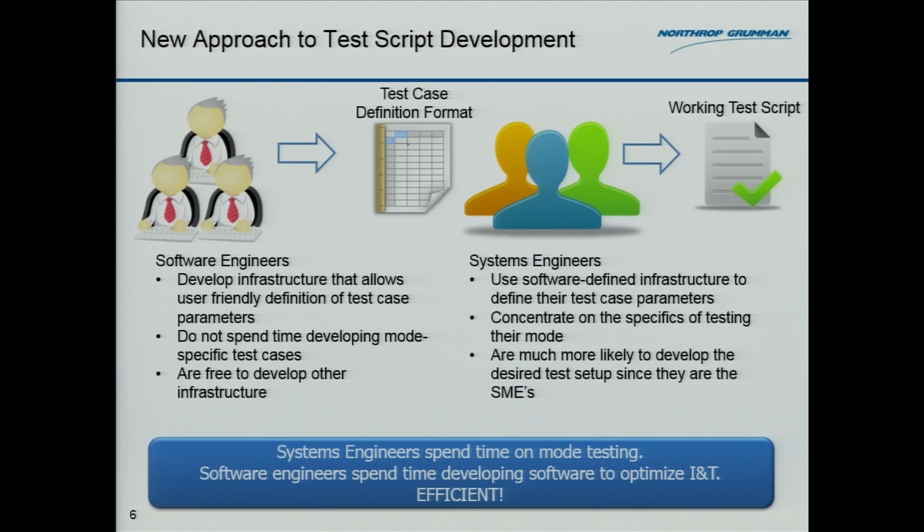So what we wanted to do was to fix that by letting everyone concentrate on their area of expertise. And so, as we'll see later, we came up with this test definition format, which is spreadsheet and parameter based. The software developers built up this infrastructure behind the scenes in our test executive environment, which is able to do everything that the systems engineers would need: setting up your STI, requesting data to be pulled off the flight software after the tests, running analysis tools.